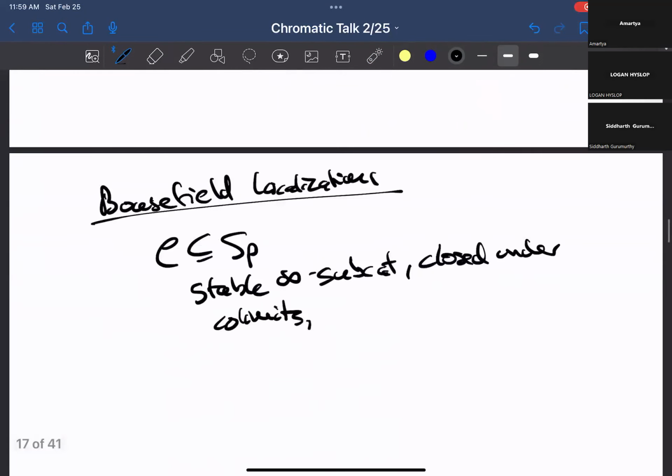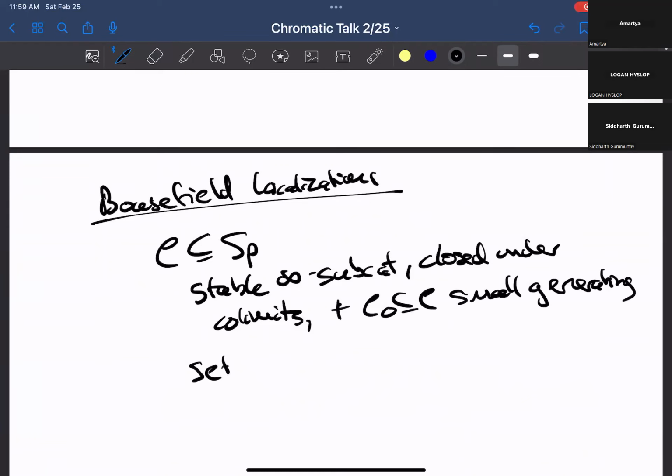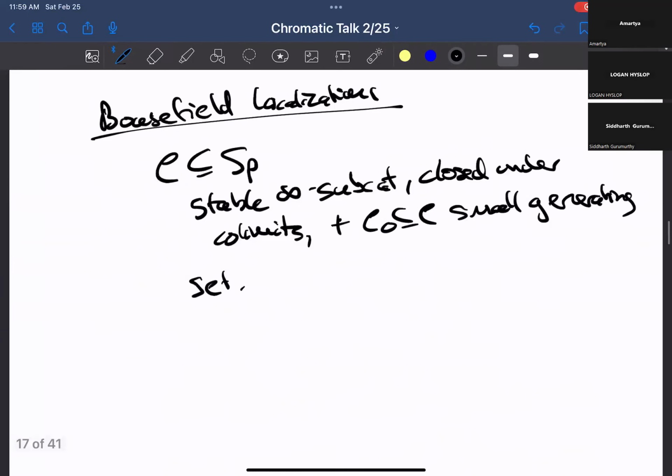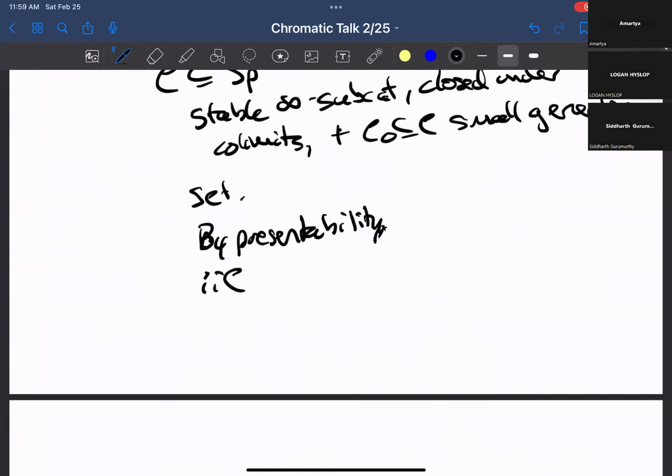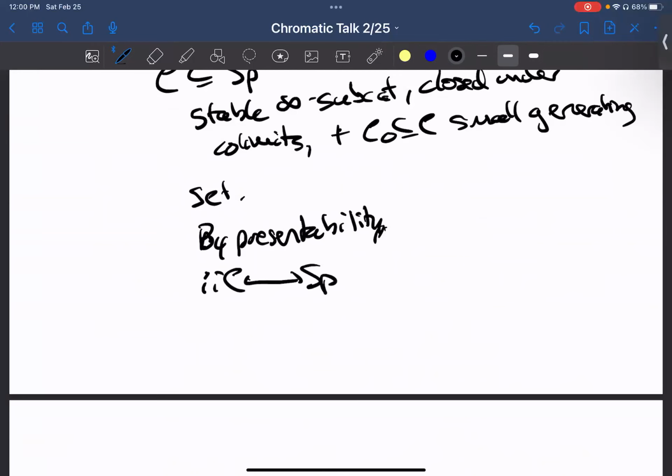So we also want there to be C0 subset of C, a small generating set, so generating under colimits. So this just says that C is presentable. And in this case, by presentability considerations, the inclusion I from C into the spectra admits a right adjoint.